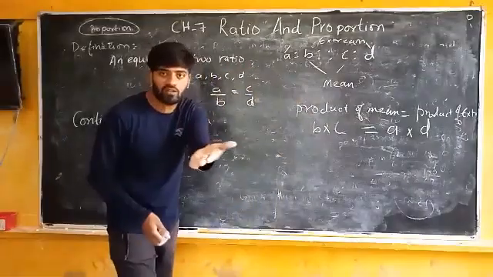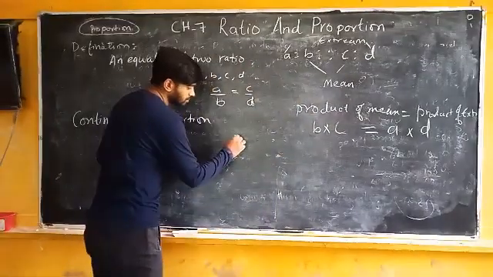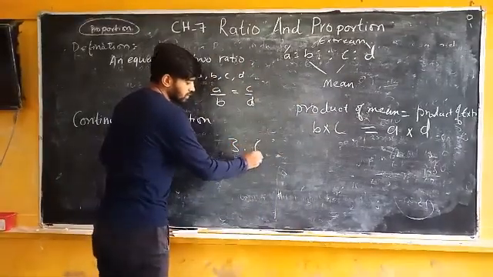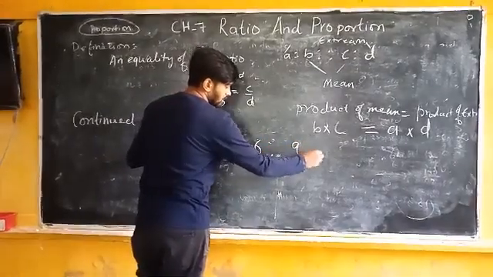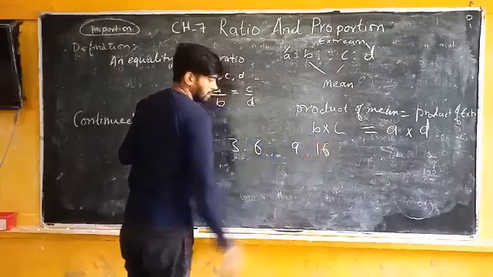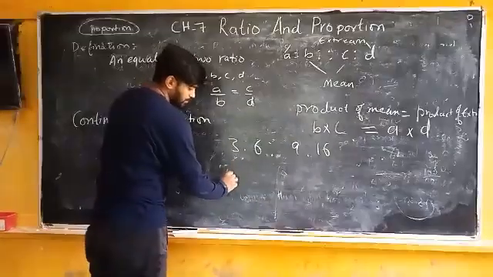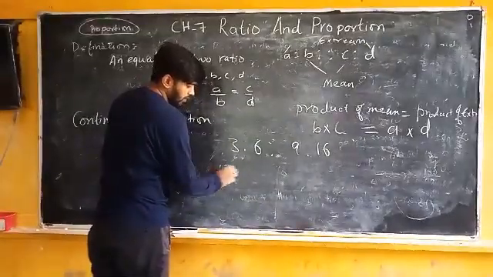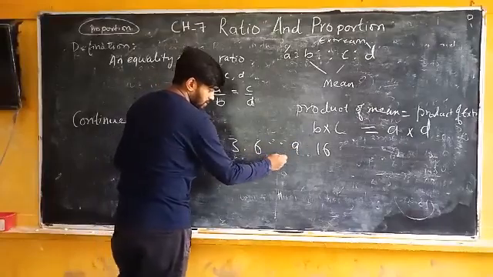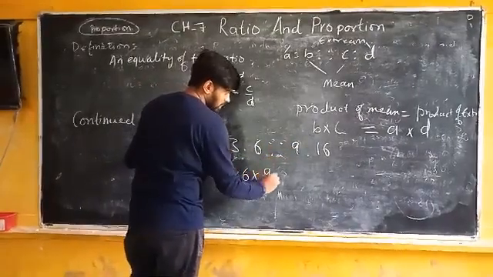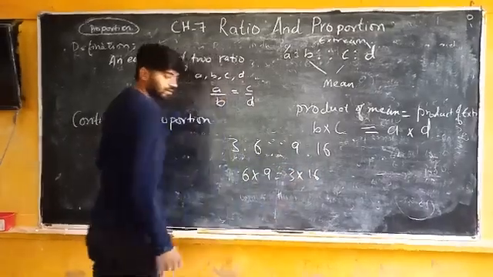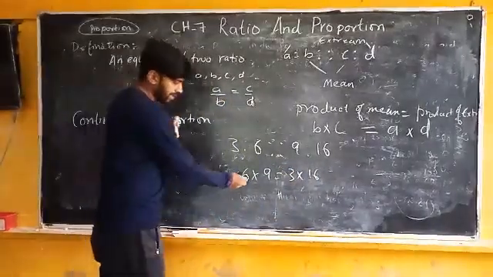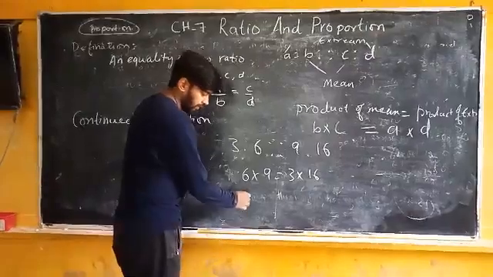We'll take one example of our own. You guys can also think of an example. 4 numbers, let's say 3 ratio 6 proportion to 9 ratio 16. I'll see the product of means. These two are the means. So 6 into 9 should be equal to 3 into 16. 6 nines are 54.